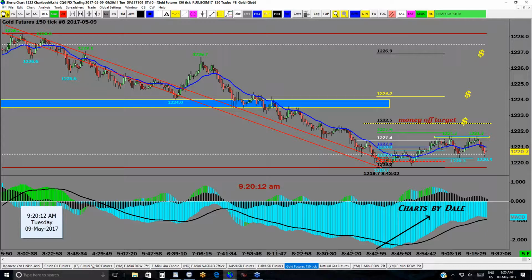So this is a double top area at 21.7, and we'll look to re-challenge that. That is obviously a resistance area, if you will, en route to the money off targets.